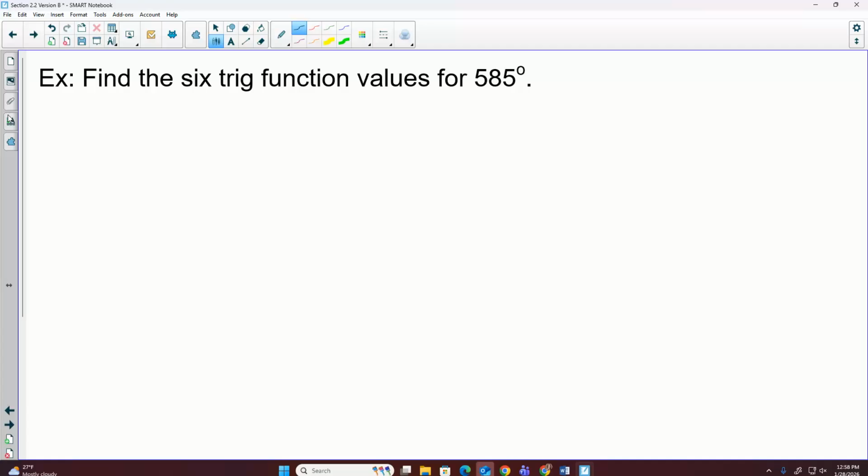What should I do first with the 585? Okay, so we get 225. What quadrant is 225 in?